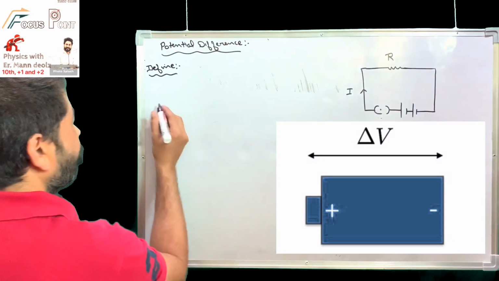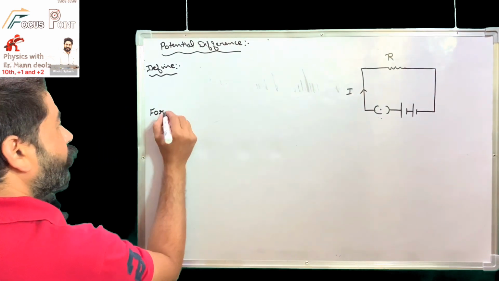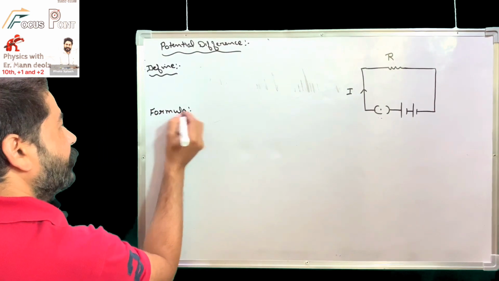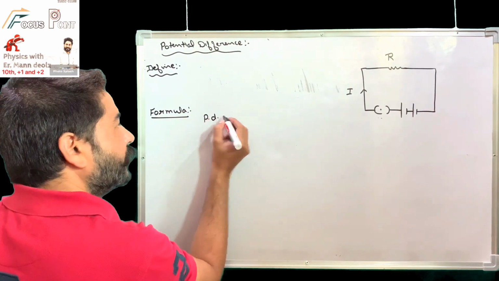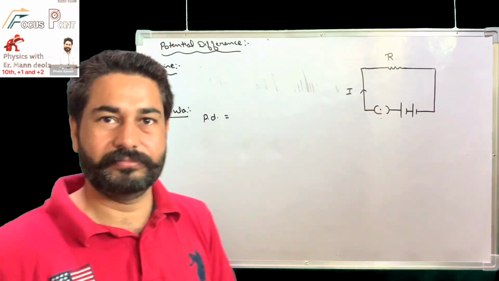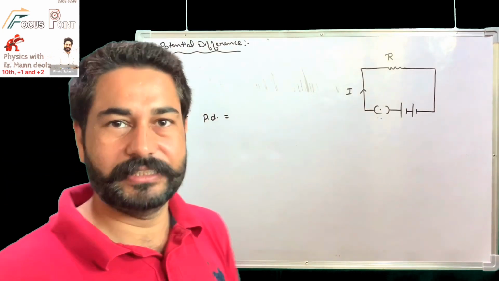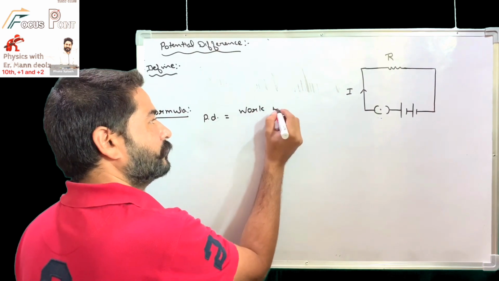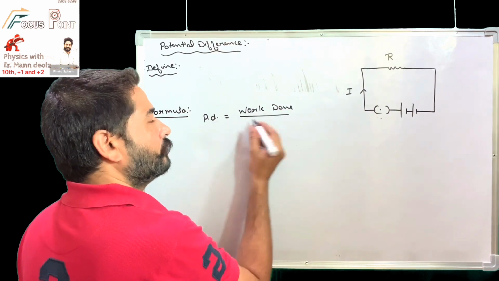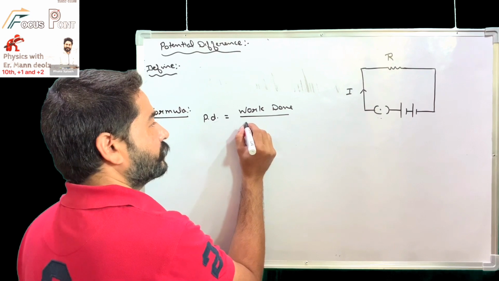How will you define it? First let's do the formula of potential difference. So the formula is, as I told you, potential difference is the work done to move a charge. It is defined as the work done on a unit positive charge.